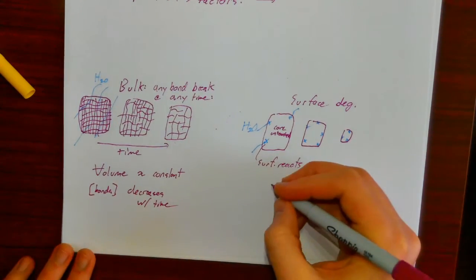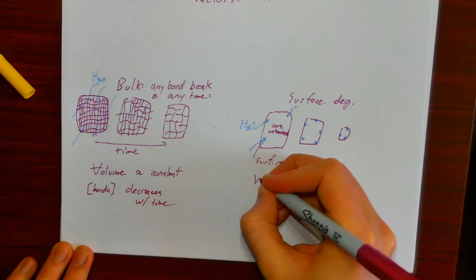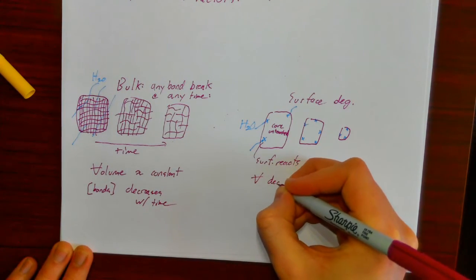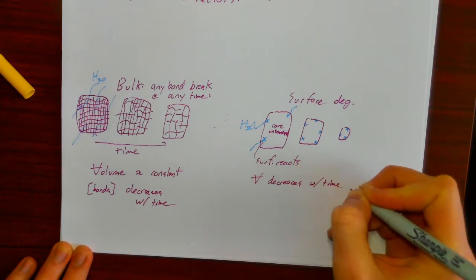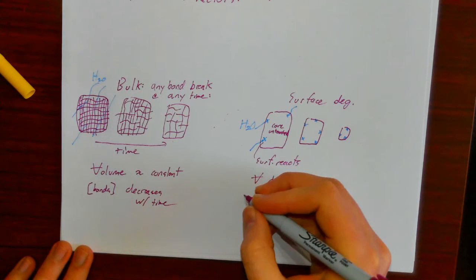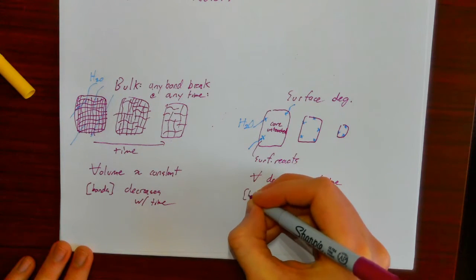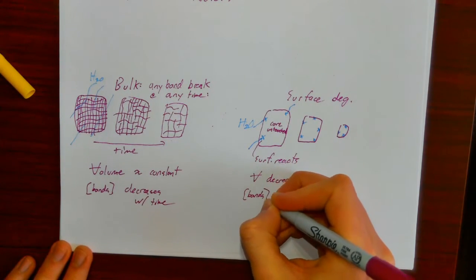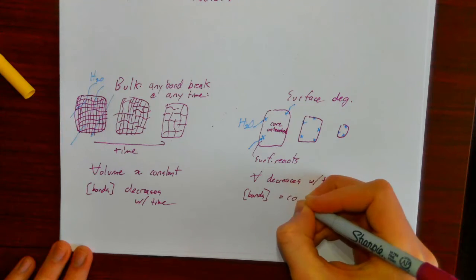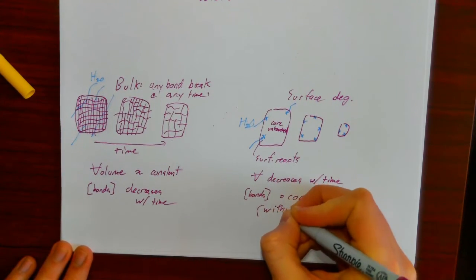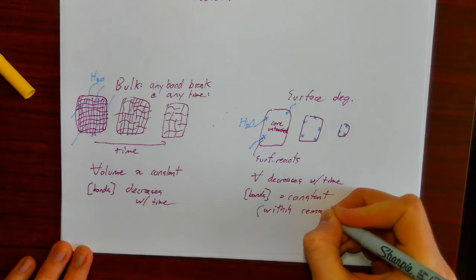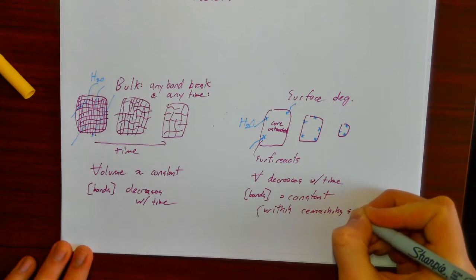And here, in surface degradation, the volume decreases with time, but within the remaining solid, the concentration of bonds is constant.